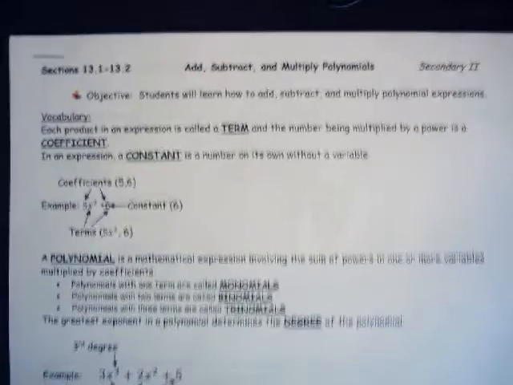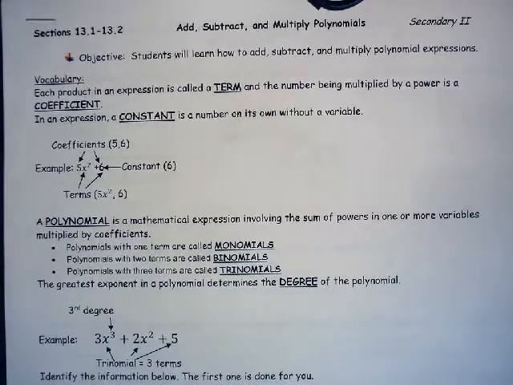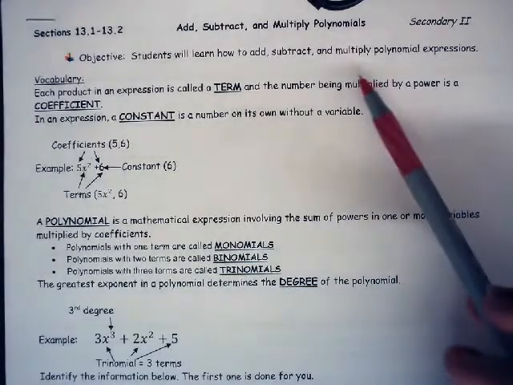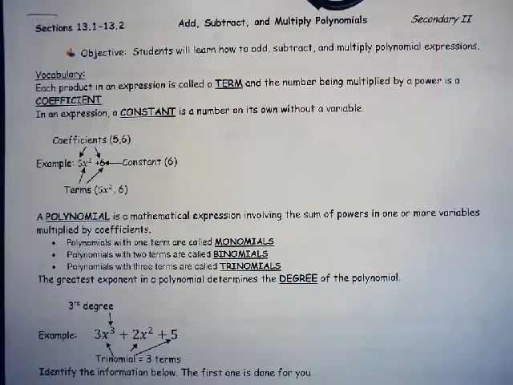So a polynomial, that is also something we need to know what we're talking about. That's part of my objective, to learn how to add, subtract, and multiply polynomials. So a polynomial is a mathematical expression involving the sum of powers in one or more variables multiplied by coefficients. So it looks something like down here. This would be a polynomial. It's a mathematical expression involving the sum of powers.